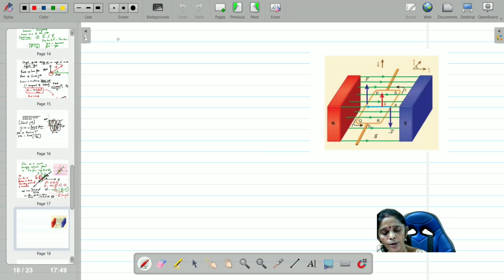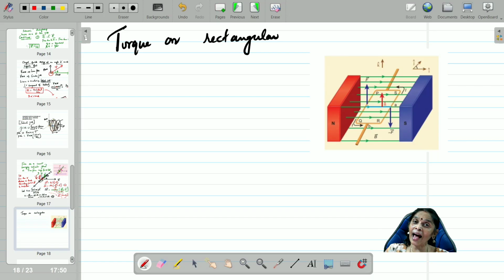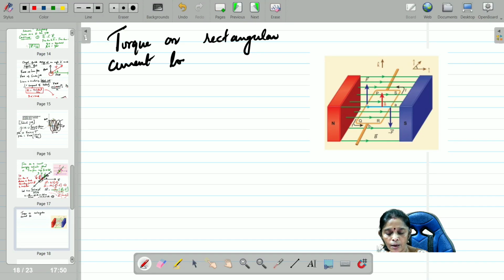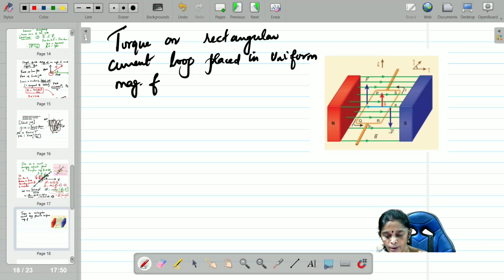So now, torque acting on a rectangular current loop placed in a uniform magnetic field. You can have a rectangular or circular loop, anything. See here, children, this is only the magnetic field.